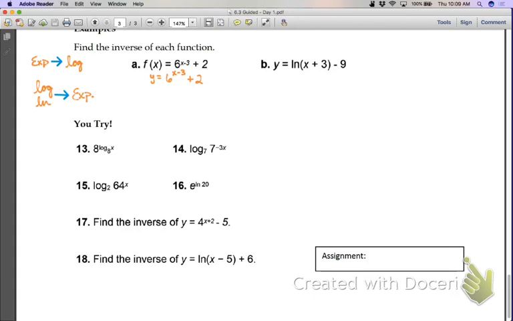So whenever I flip the x and the y, I'm going to have x equals 6 to the y minus 3 plus 2. Again, I am trying to solve for y, so I am trying to make it into an exponential. So what do I need to move first?